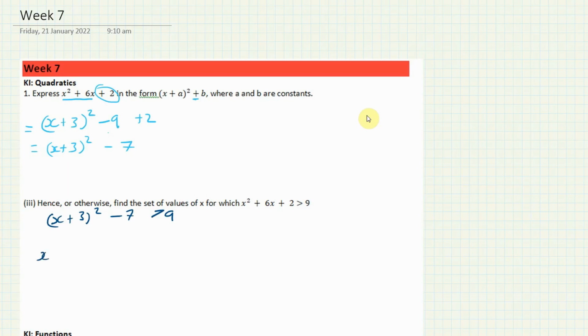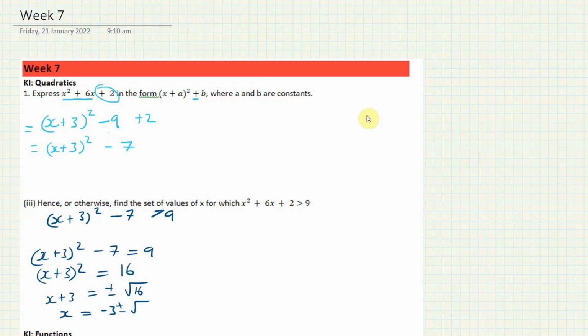So let's just consider this for a moment. x plus 3 squared minus 7, where does it equal 9? And then I can bring the 7 across to the other side by adding it, so I get 16. Then I can take the square root of both sides, so we get plus or minus the square root of 16. And so we get x is equal to minus 3 plus or minus the square root of 16.